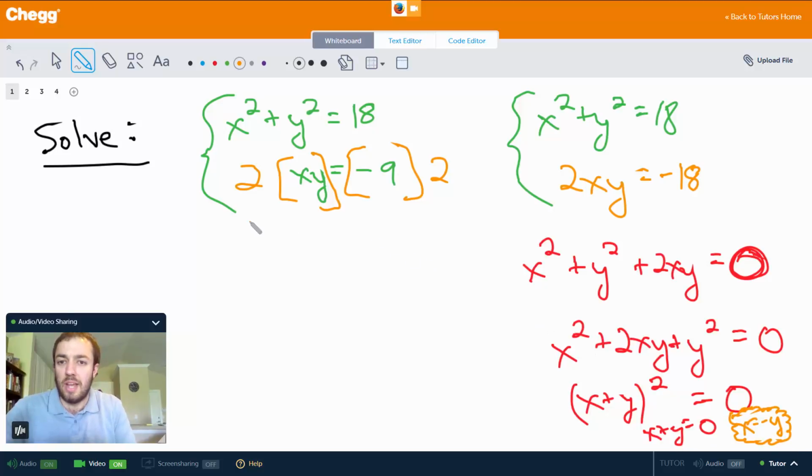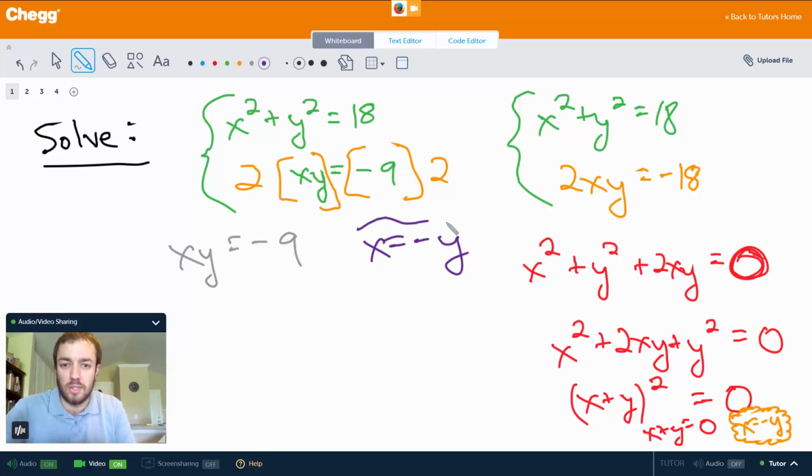Well, let me take that and stick that back into either one of these equations. I think I'm going to want to use maybe this equation here. So remember we had xy equals negative 9, and we just found out that x equals negative y. Alright, that's what we just concluded. Well, if x equals negative y, let's go ahead and stick that into here.